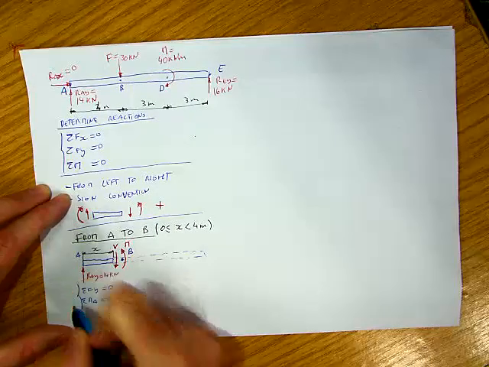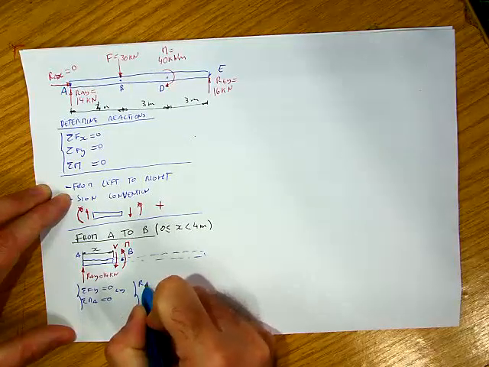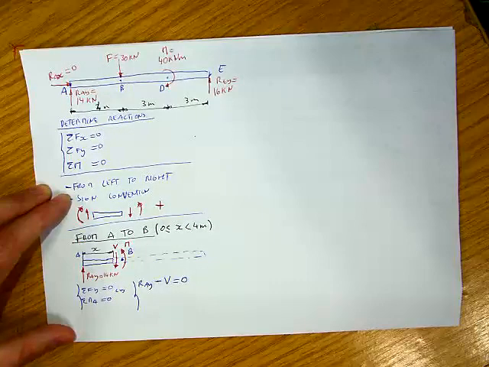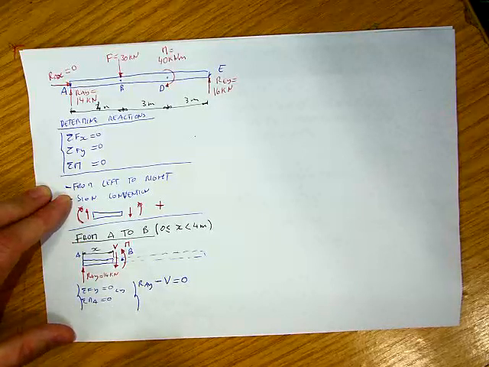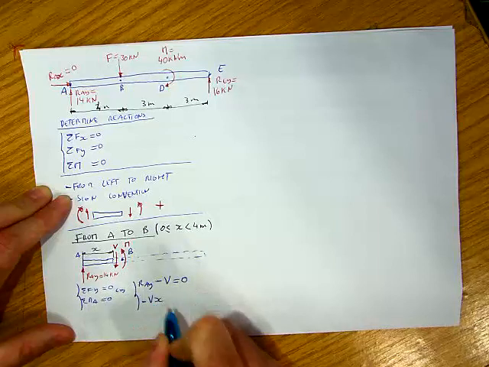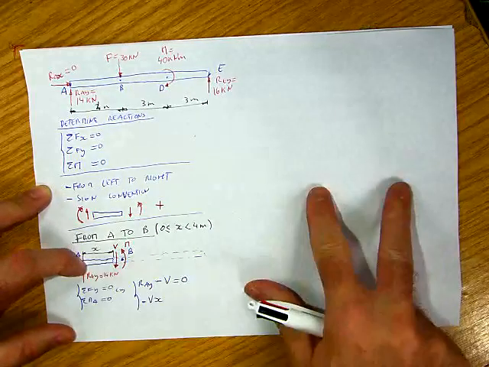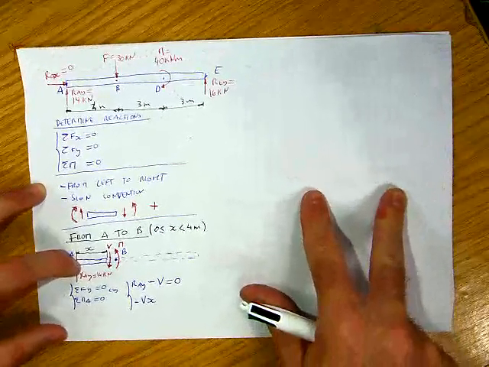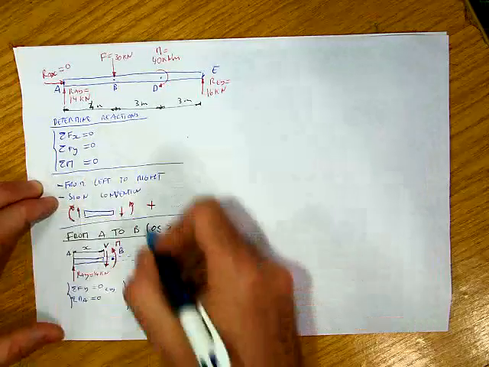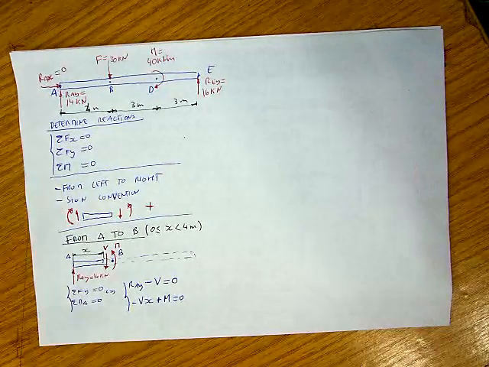When I write the equations, in the Y direction I have RAY minus V equals 0. For the sum of the moments about A, I have minus Vx because it's negative: if I pinpoint A and move this down, it tends to rotate in the clockwise direction, so it's negative. Plus the moment, this torque is anti-clockwise, so it's positive, plus M equals 0.